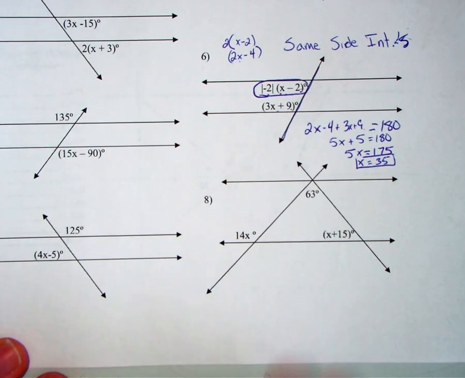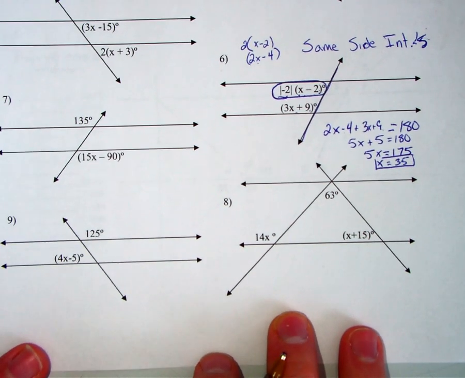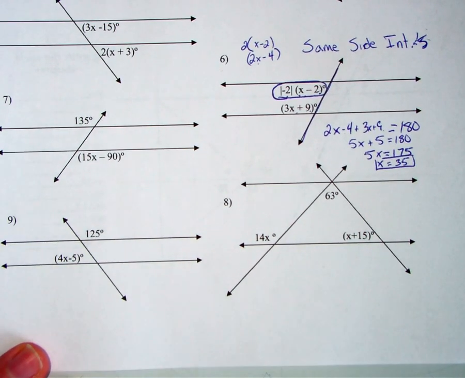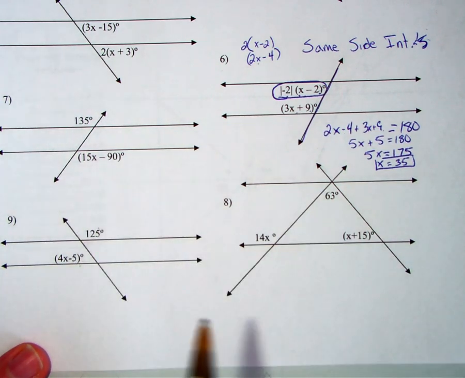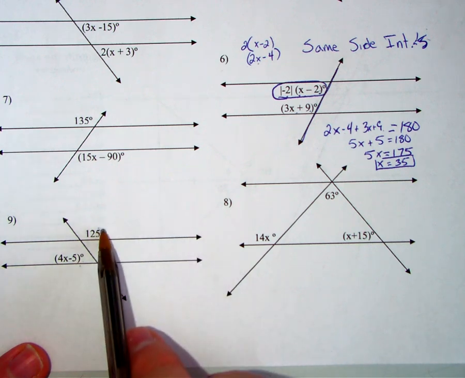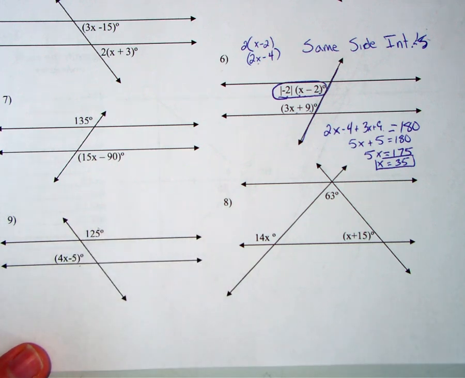Question number 9 tends to be a tricky one from year to year because we don't have a relationship that is on alternate sides of the transversal, where one is outside the parallel lines and one is inside the parallel lines. So this one requires a little bit of adaptive knowledge.